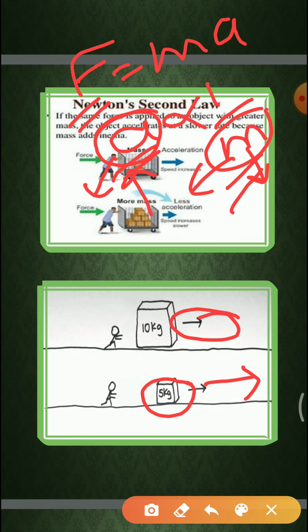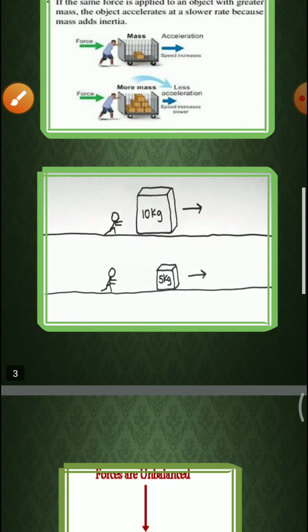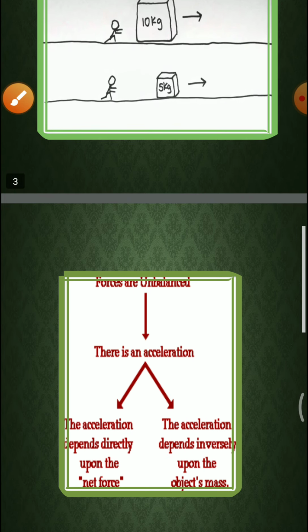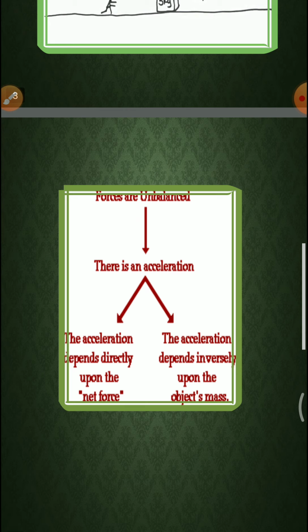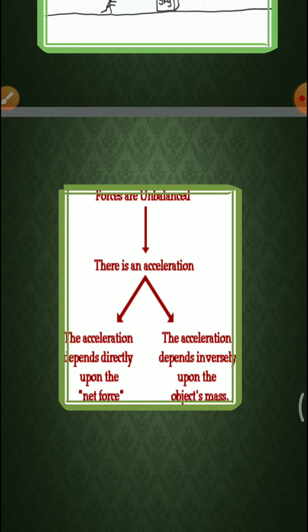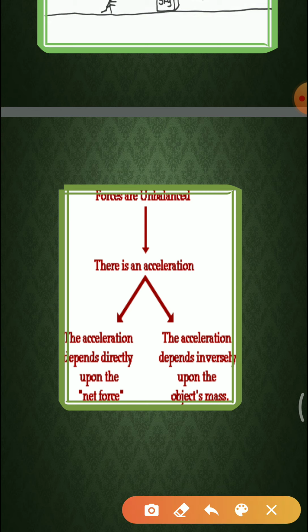Okay, so let us see another example. Before that, we have already told in our first video about balanced forces and unbalanced forces. There we have seen that due to the unbalanced forces, the motion of the ball gets retarded.